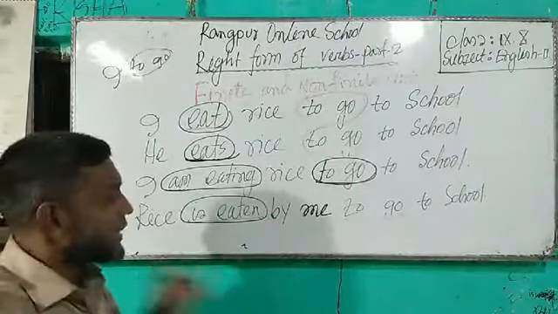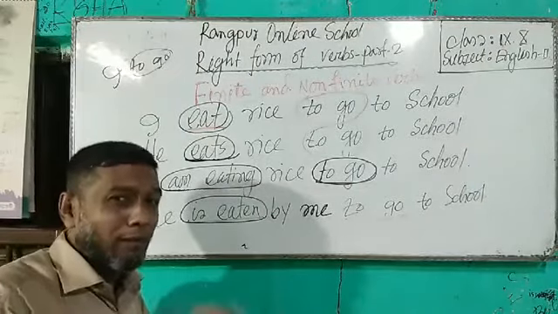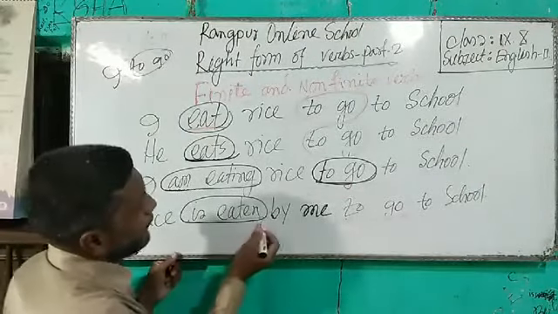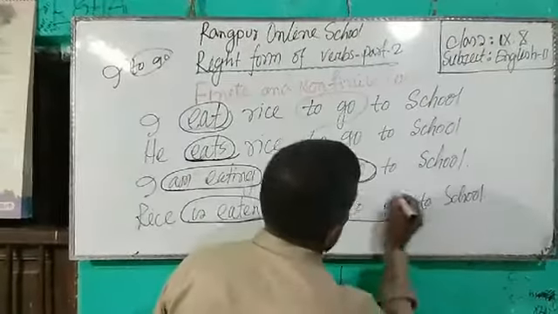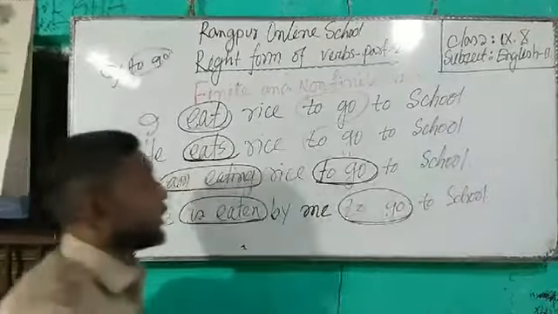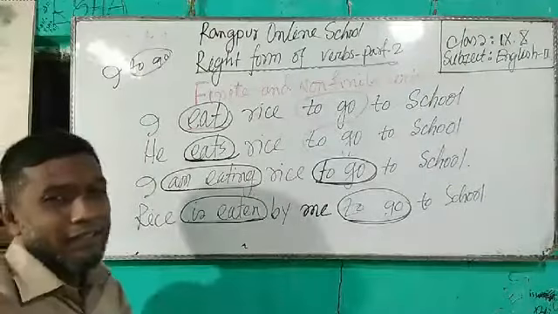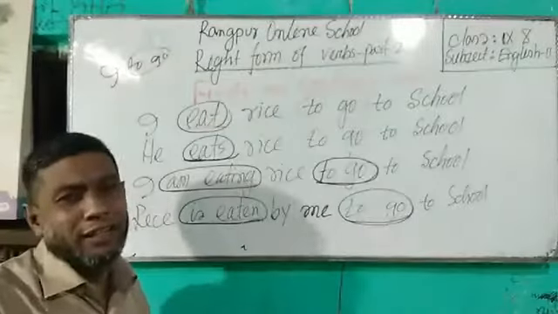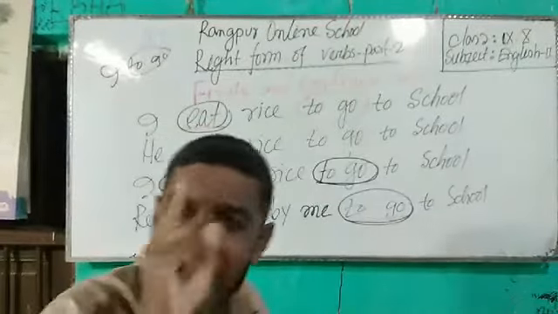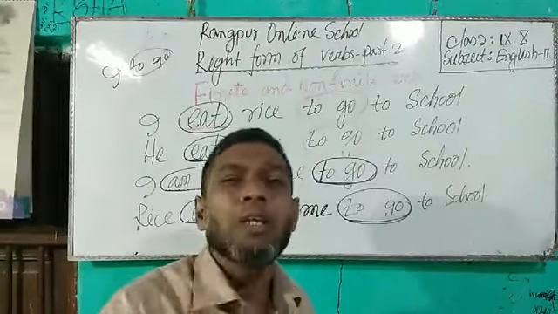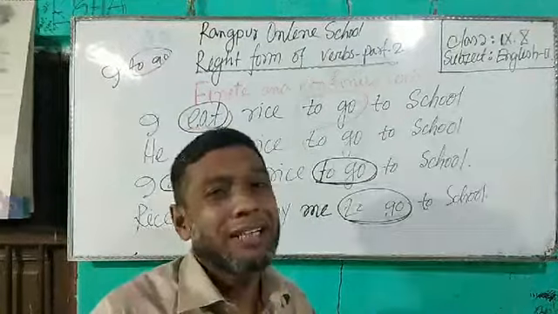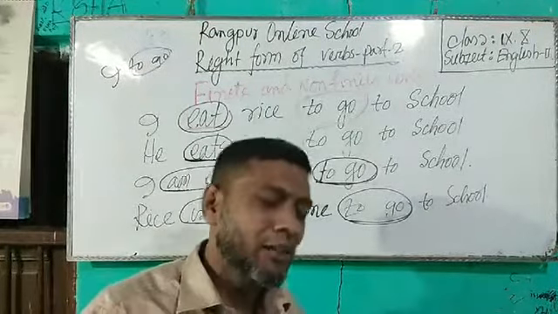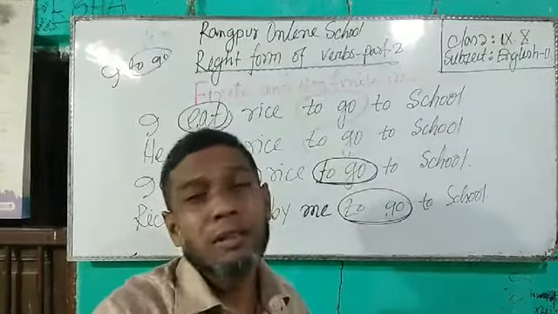When I have changed the form of the verb from active to passive, the verb has been changed here, but still here the verb is unchanged. How interesting it is. This one technique will be enough for any student to find out finite and non-finite verbs in a sentence or in a passage, and we can use them very successfully also.